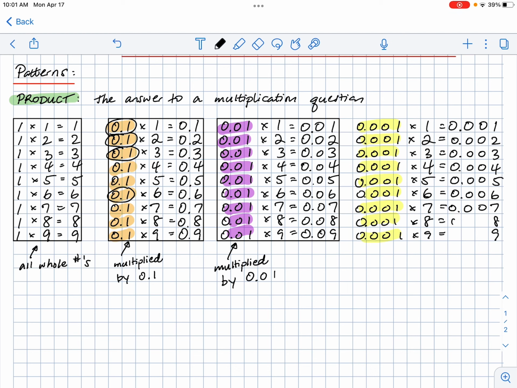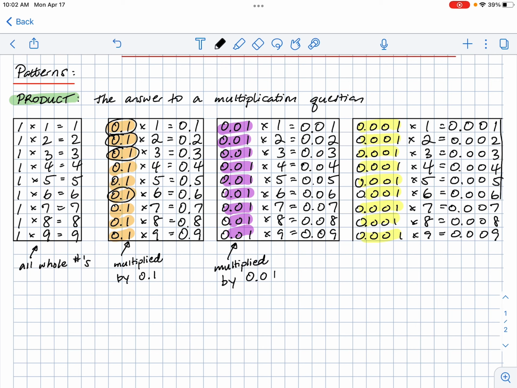So hopefully by now you've seen the patterns that we've established here when you are multiplying a decimal number that's less than 1. Now, mind you, we've only worked with 1/10th, 1/100th, and 1,000th, but I'll give you different examples after we summarize what we've come up with here.